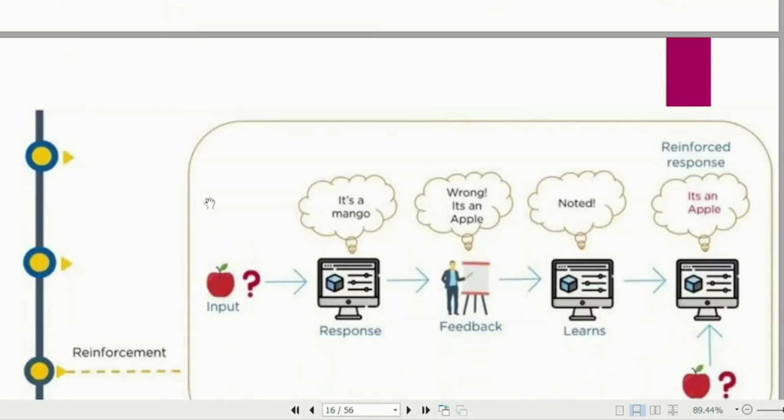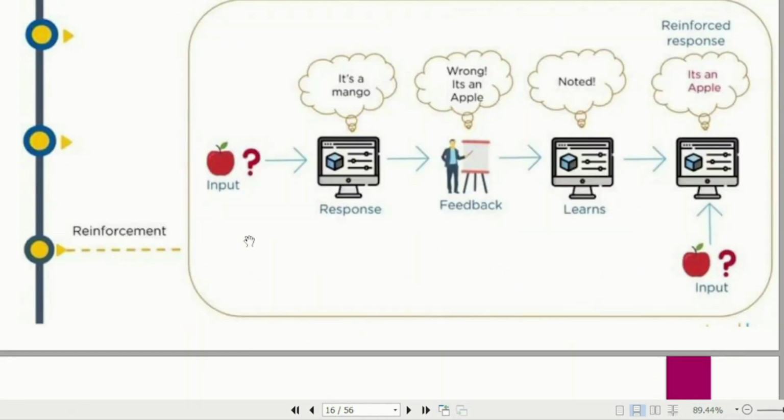Moving forward, the third type is reinforcement learning. In reinforcement learning, the input is given. For example, here apple is an input, and the agent, like a robot or a child, doesn't know what an apple is until it learns from its wrong selections. In the same sense, it says it is a mango, so it gave us a wrong response.